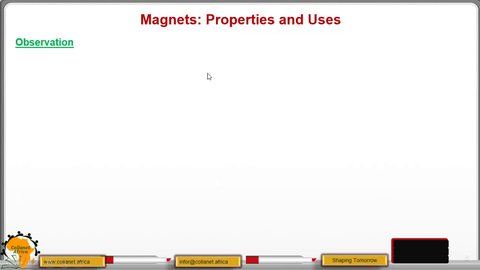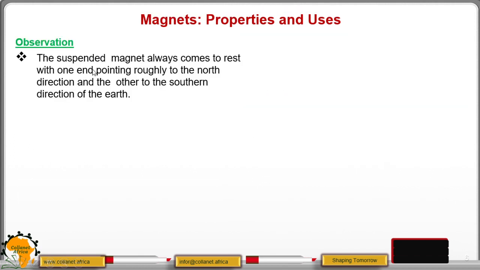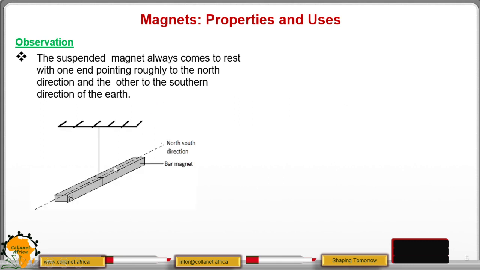Then from there, you have this as the observation. The suspended magnet always comes to rest when one end is pointing roughly to what we call the geographical north, and the other end is pointing to the geographical south of the earth. So we have this as our diagram here.